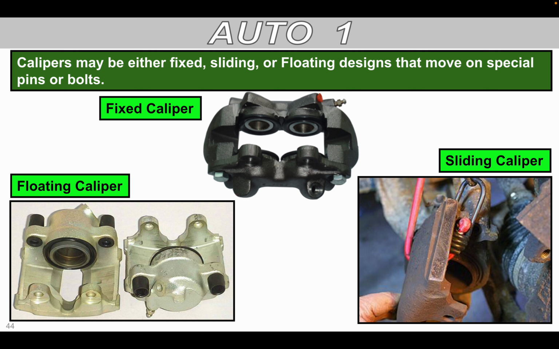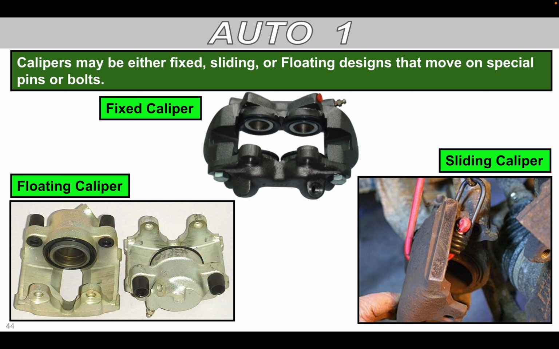On a floating caliper design, the caliper is mounted to the bracket through the guide pins. There are still bolts that go into it, but the guide pins allow the caliper to shift back and forth during the braking operation. That's why it's a floating design.